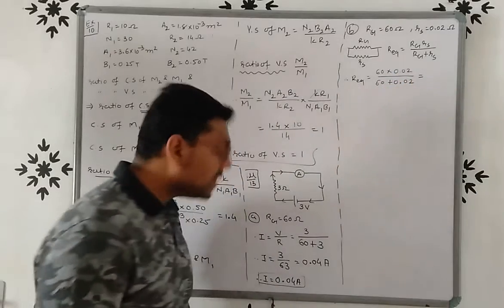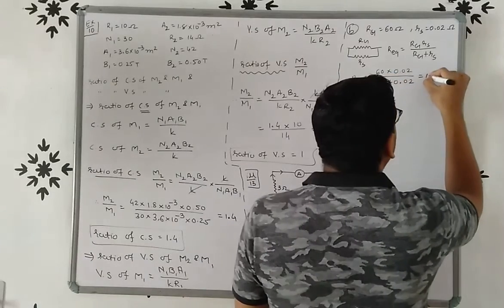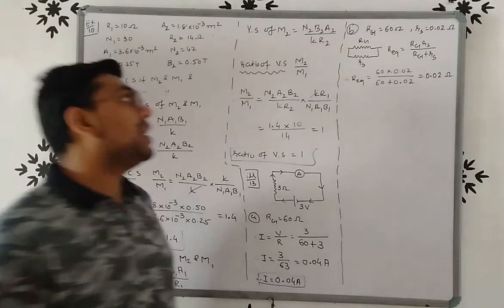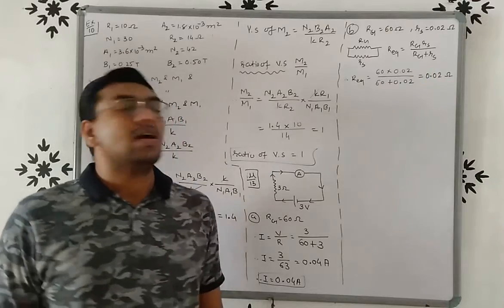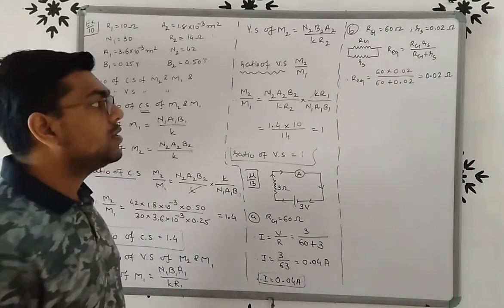So if you solve this, then you will get equivalent resistance, that is 0.02 ohm. So the equivalent resistance of Rg and Rs is 0.02.